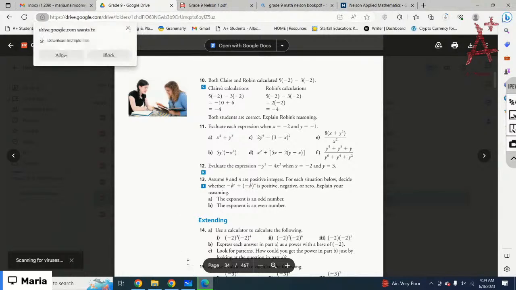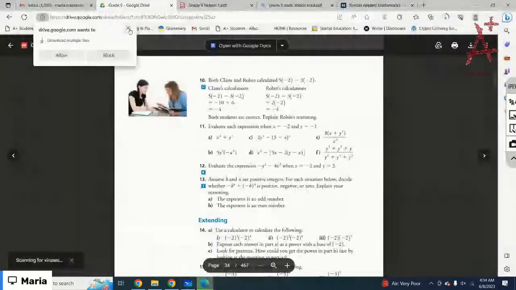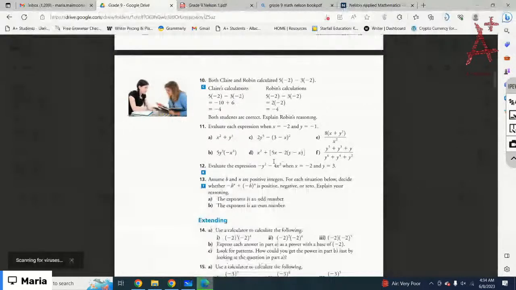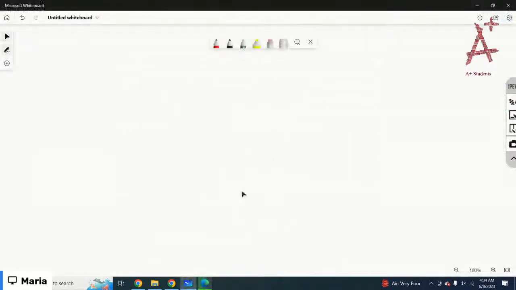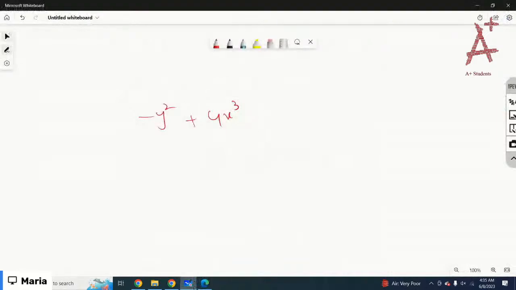It is minus, it is not negative. And x equals negative 2 and y equals negative 1.